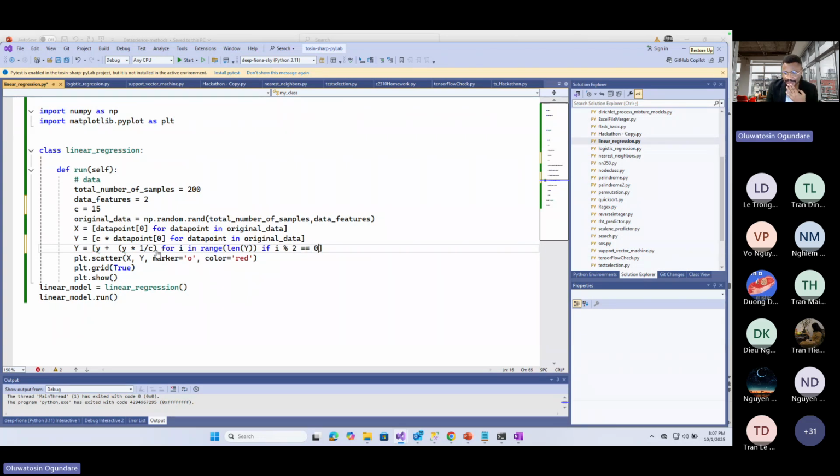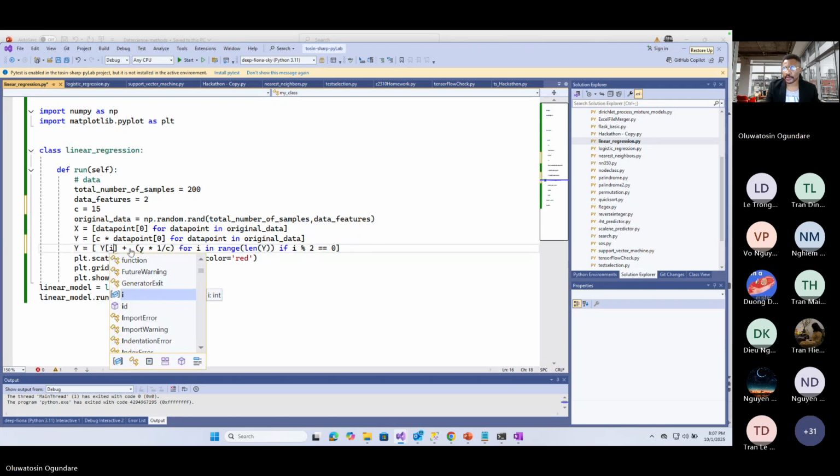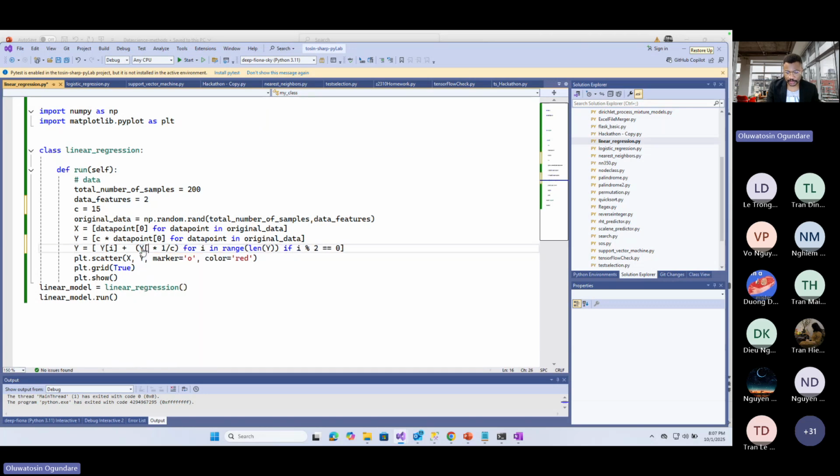Okay, and we can simply change this to yi and y at i. Actually, let's change this to data point. Change this to, actually, original data. All right.